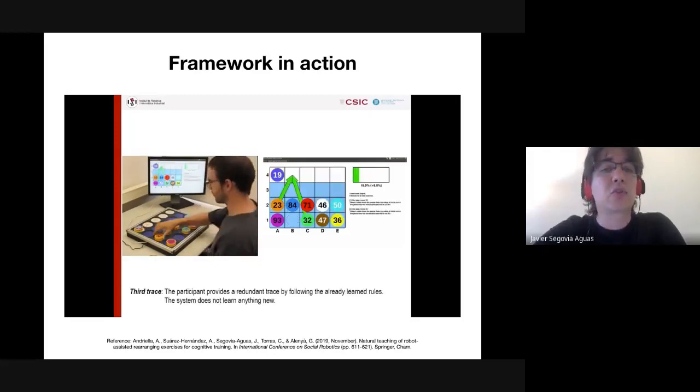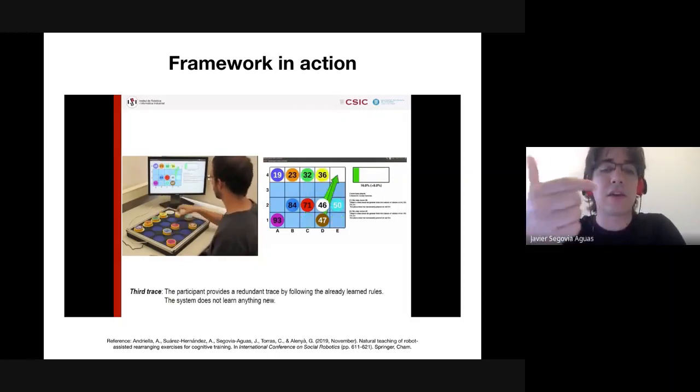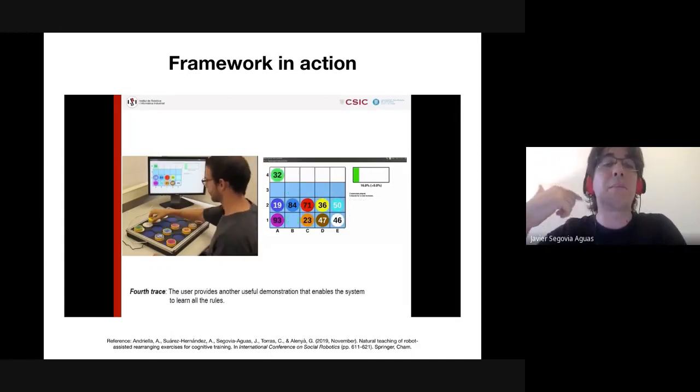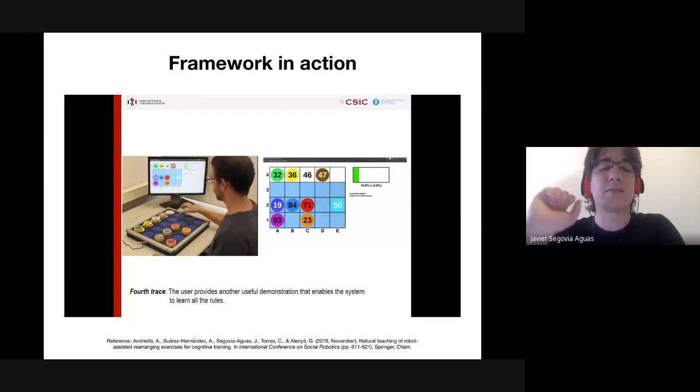And the idea is to move those tokens that have no arrows but still are valid, because this is giving more information to the system of what is an available move for this exercise.